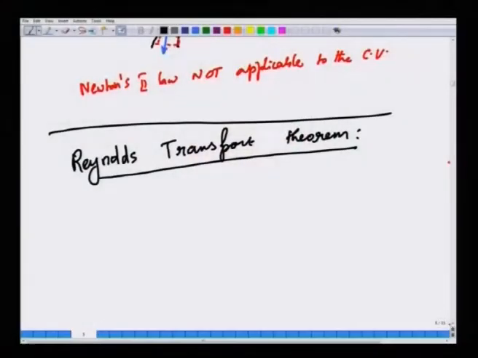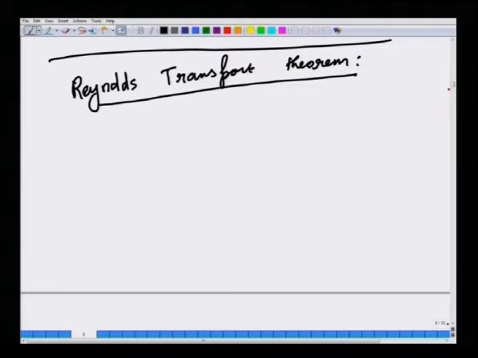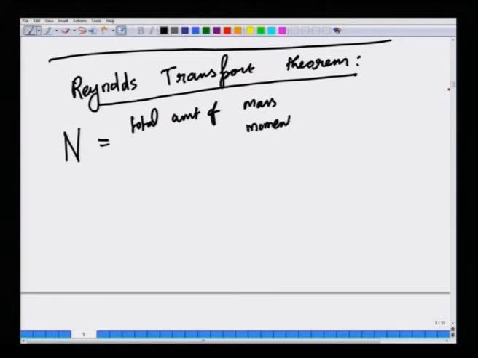Okay. So, let us just start the derivation, and we will write down the formula for a control volume as we go along. Suppose capital N is the total amount of mass or momentum or energy present in the system.